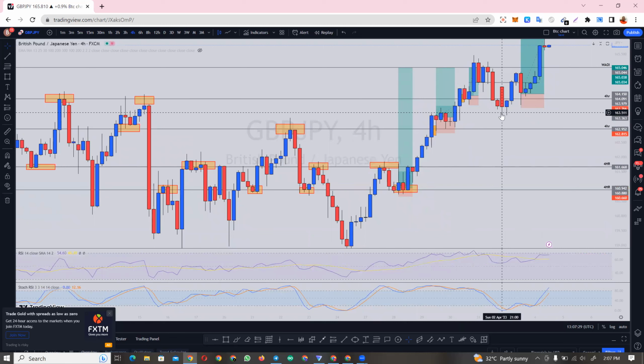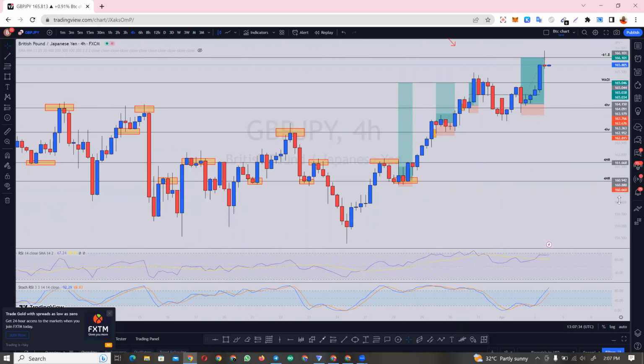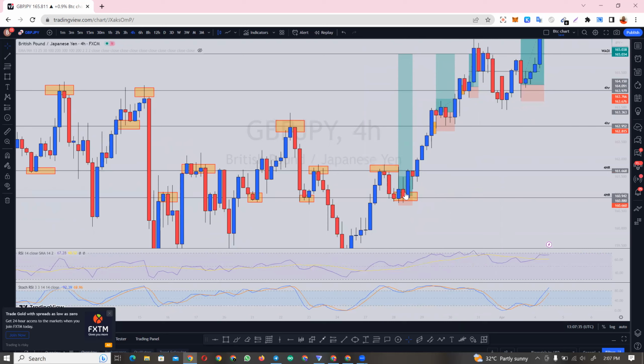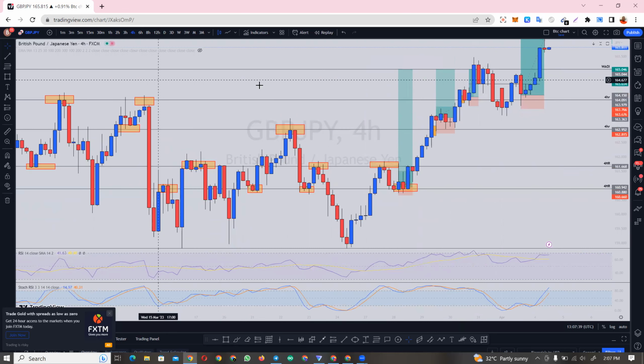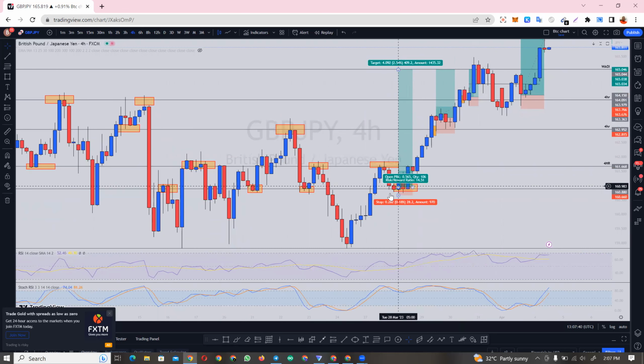What you should be doing is once market breaks it, you come down like a sniper with your gun. You check what market is doing. So as market broke here, once market breaks your supply and demand zone, you just wait for market to retest it.